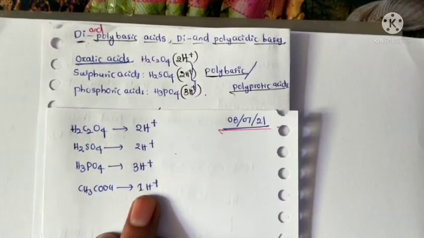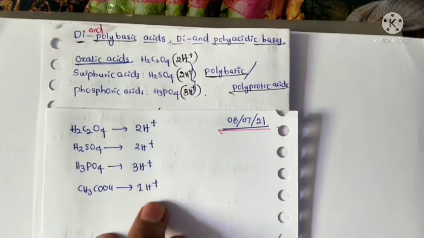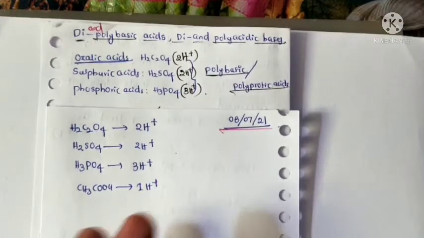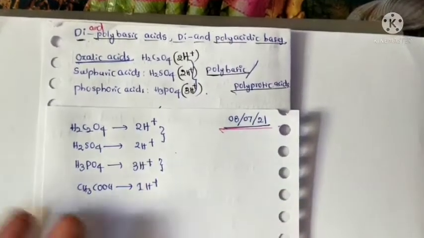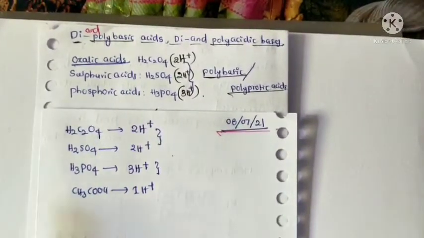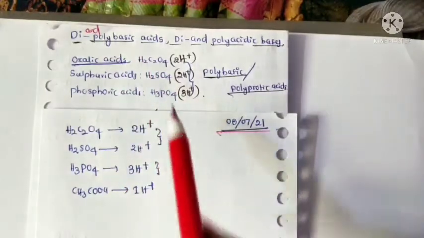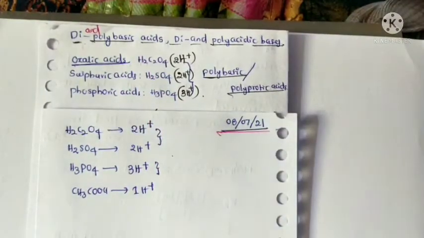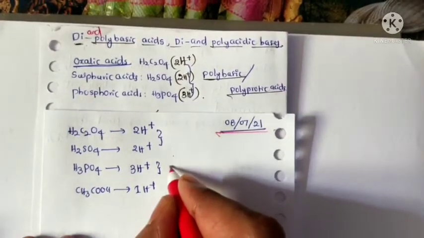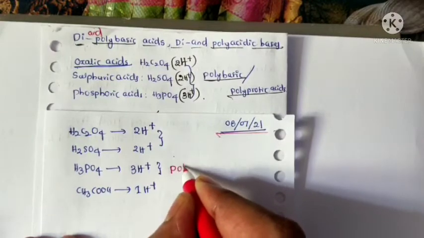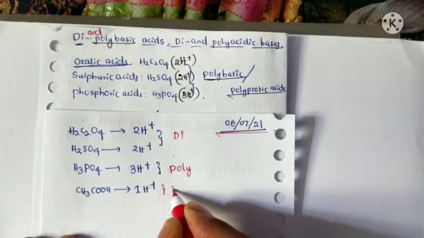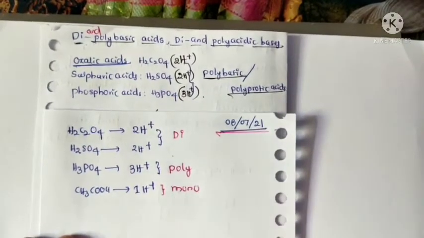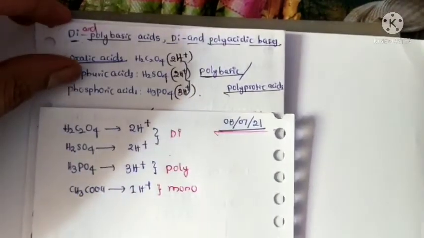That's why it is a monoprotic acid. So these two are diprotic acids, and this third one is a polyprotic acid. These are examples of polybasic acids or dibasic acids. After two, three is poly; two is di, one is mono. Understand?